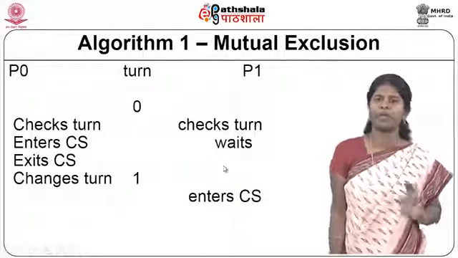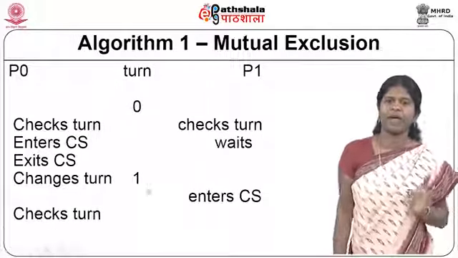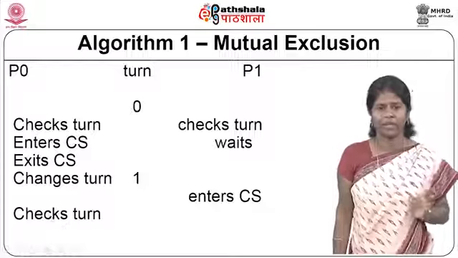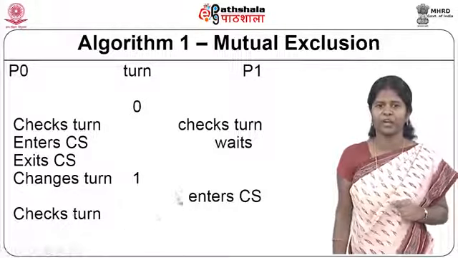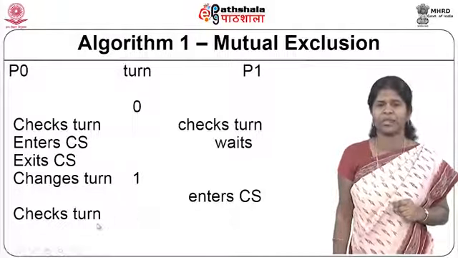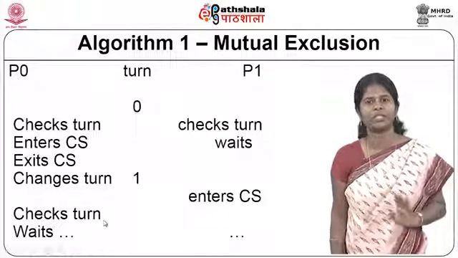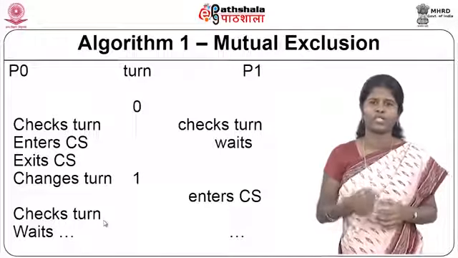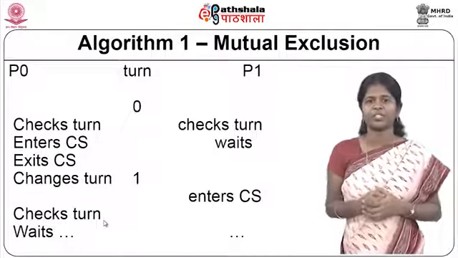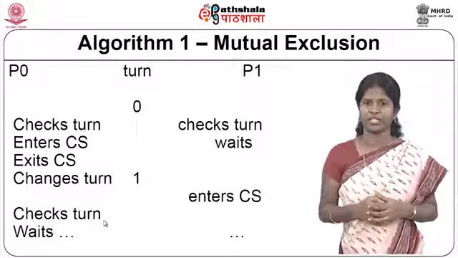So P1 enters the critical section, and when P1 is in the critical section, P0 checks the value of turn, finds it equal to 1 and waits. Thus mutual exclusion is satisfied, that is, when one process is in the critical section, the other process is not allowed to enter the critical section.